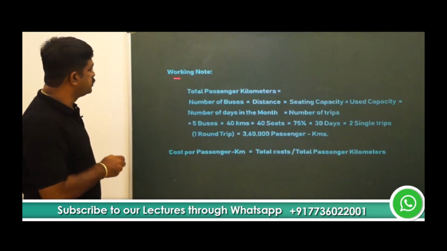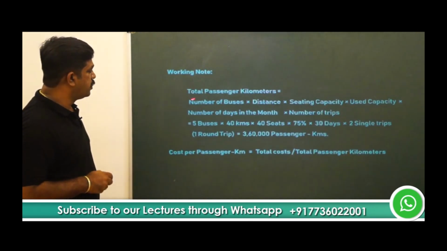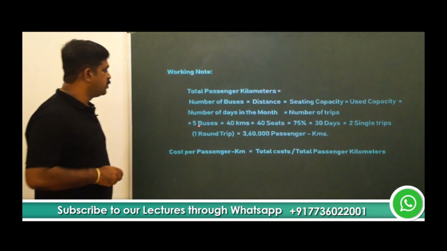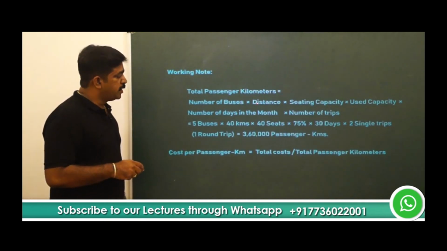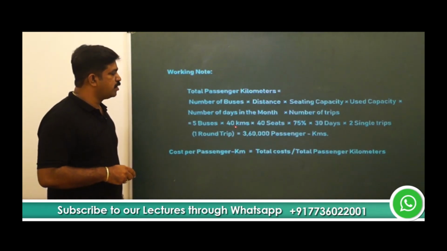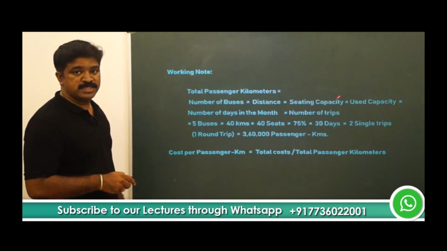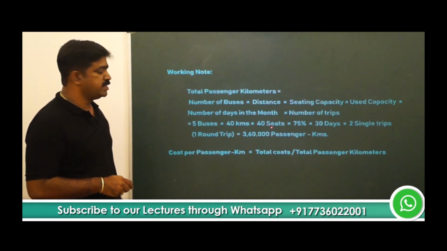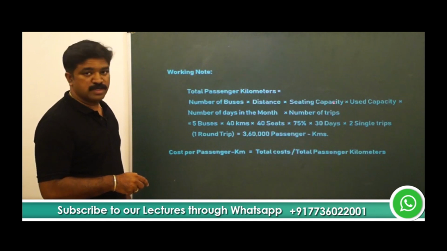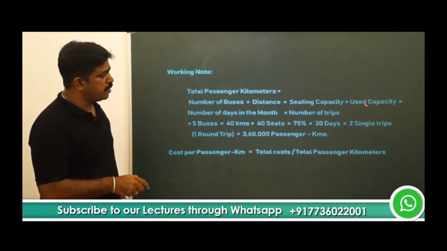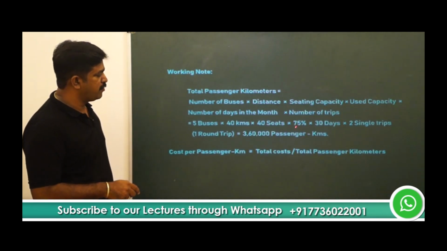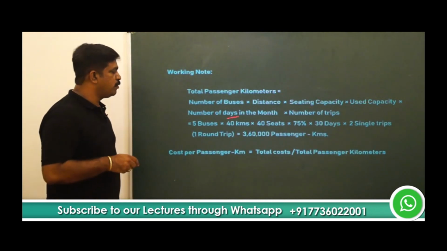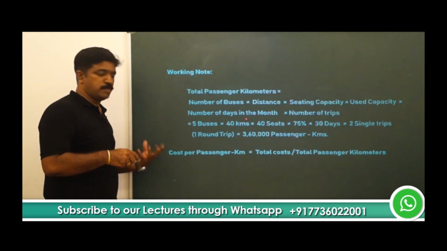So let's go for this working note. Total passenger kilometer. Number of buses, we know there are 5 buses. It should be multiplied by the distance, which is 40 kilometers, then multiplied by seating capacity, which is 40 seats, but actual usage is only 75%. So multiply by used capacity, 75%, then multiply by number of days in the month to know the monthly position.